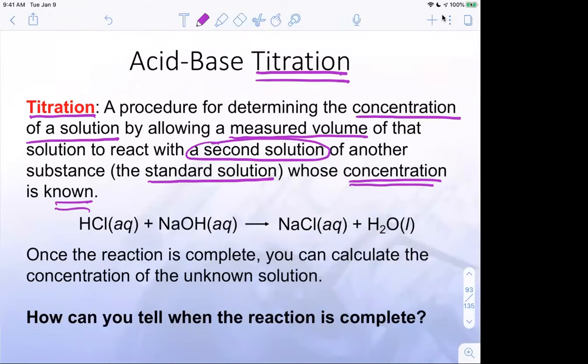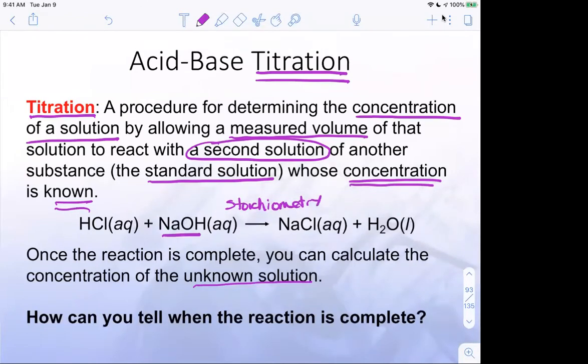So, for example, I could figure out an unknown solution of HCl by titrating it with a known concentration of a sodium hydroxide solution, and then once the reaction is complete, I'm going to be able to calculate the concentration of that unknown solution because of stoichiometry.